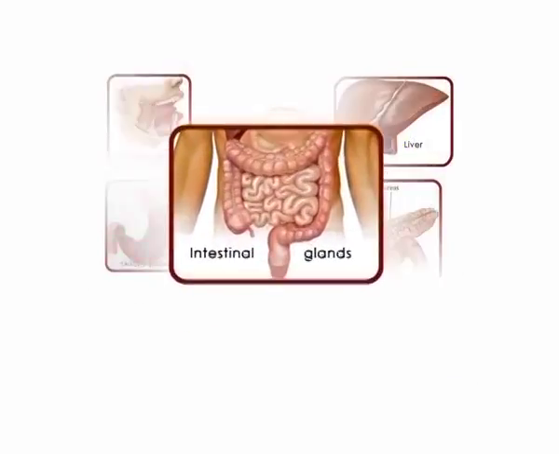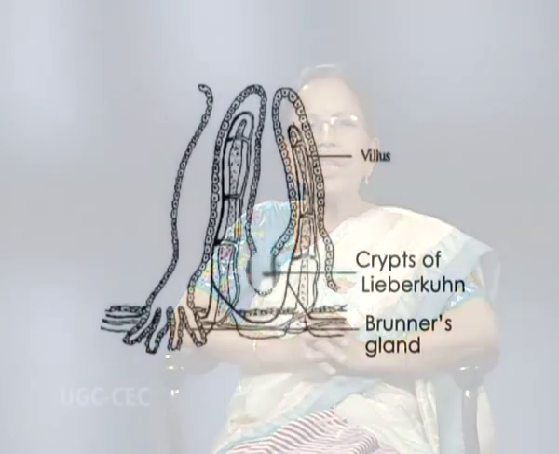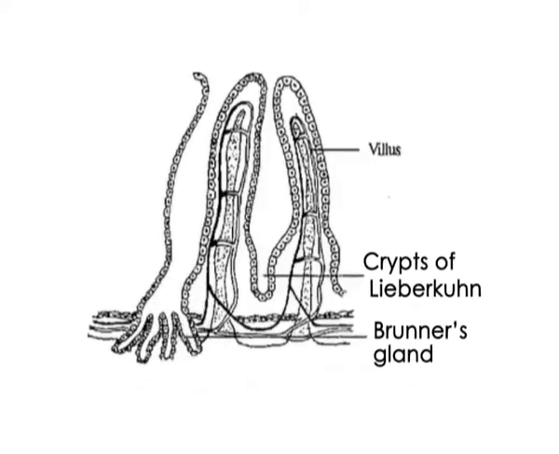Next comes intestinal glands. The intestinal glands are numerous and microscopic. They lie in the wall of the small intestine. They are of 2 types, crypts of Lieberkuhn and Brunner's glands.